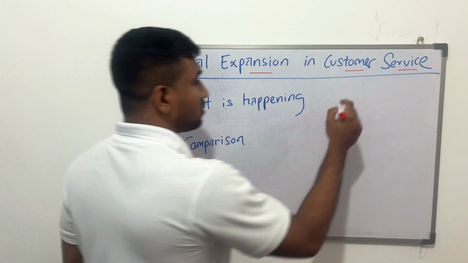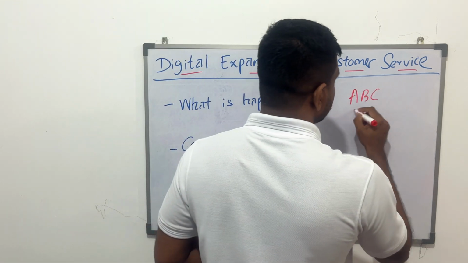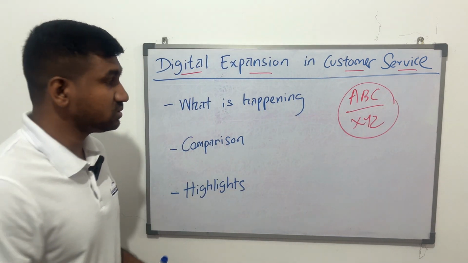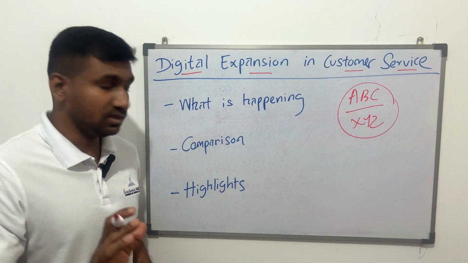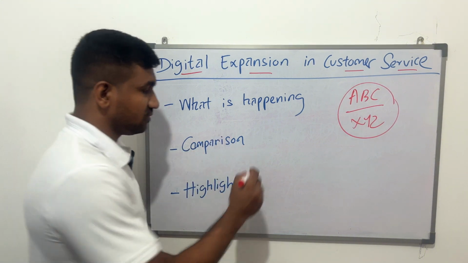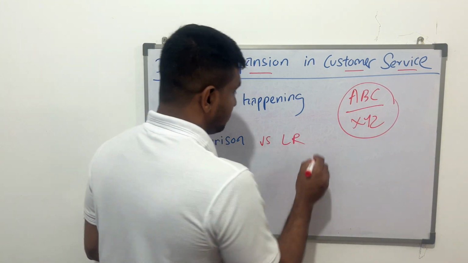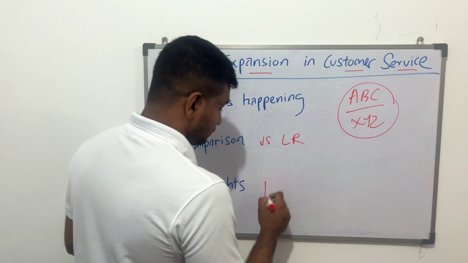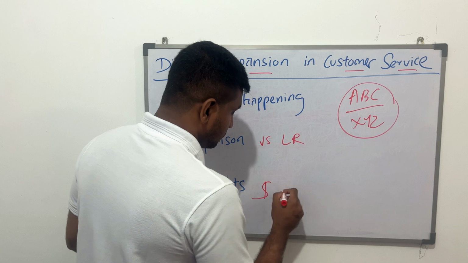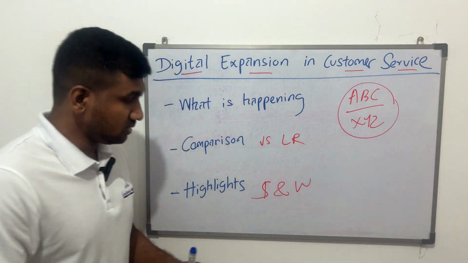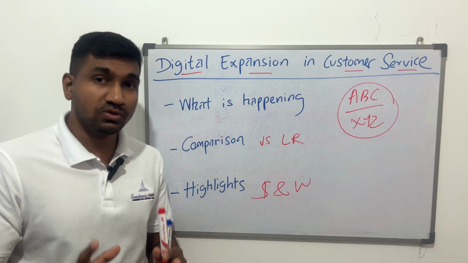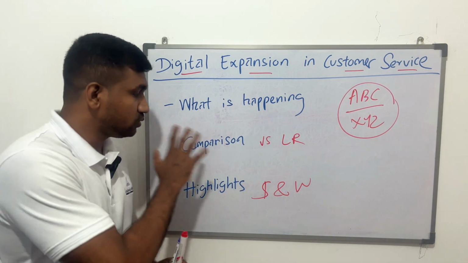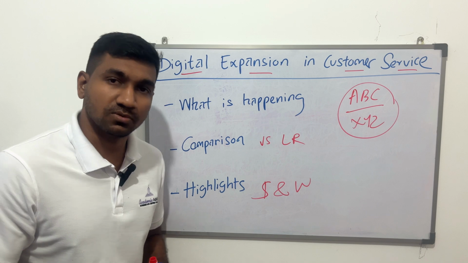So whatever company you have chosen, what is happening in that company, then the comparison versus the literature review, which we will go through again, and also highlighting strengths and weaknesses. These are the three things you need to focus on while applying to your company. We'll go through them one by one and discuss them more.